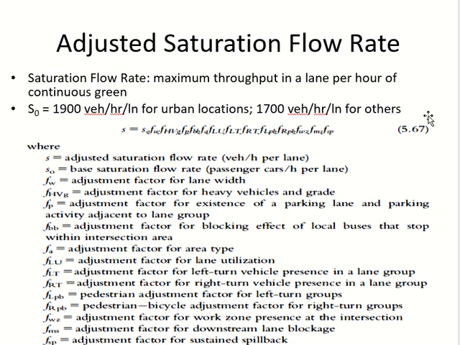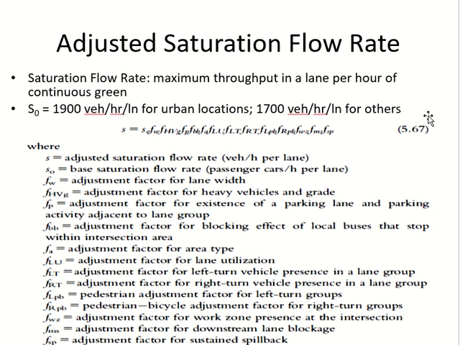Factor for work zone, we discussed it in the freeway case as well. Work zone means construction activity, and we have already seen the equation to calculate this factor. Factor for downstream lane blockage. Downstream means what?